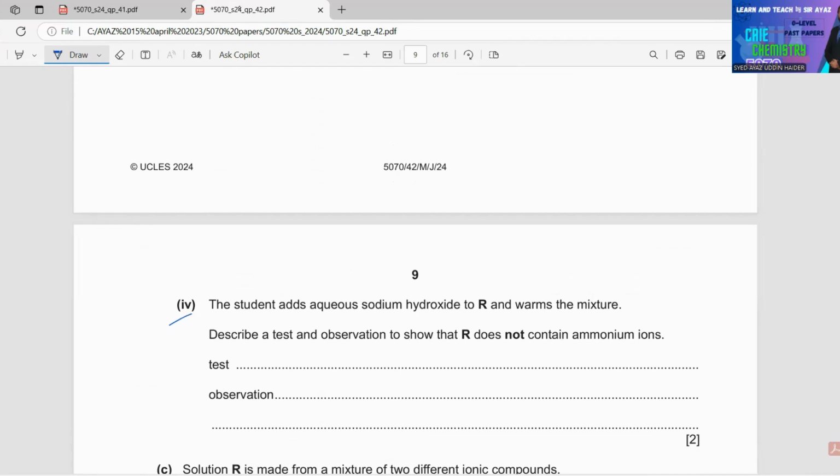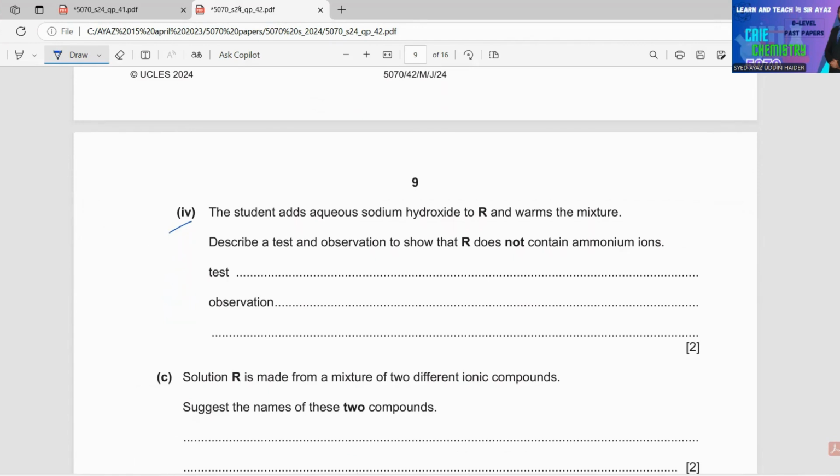So what we will write? We have to test the gas with red litmus paper and there won't be any change in color, or it does not turn blue.